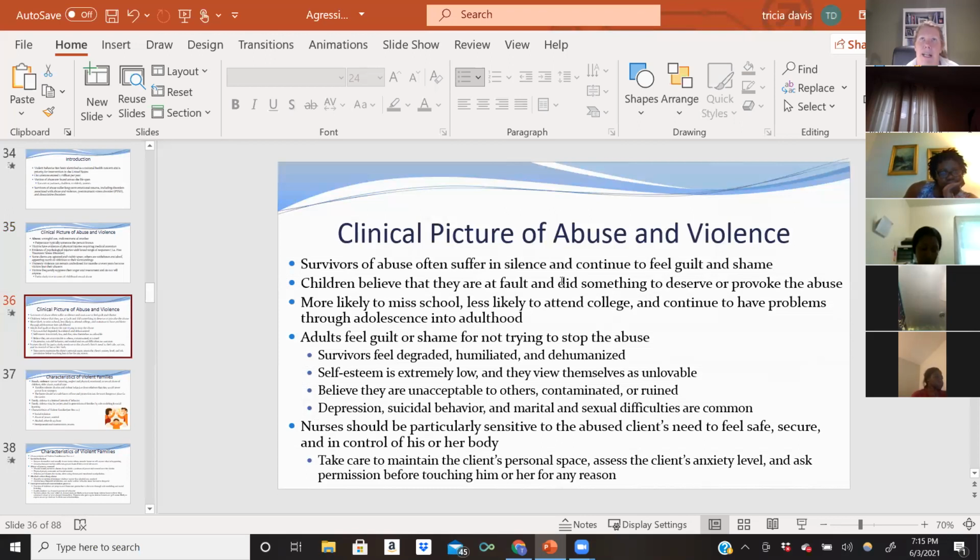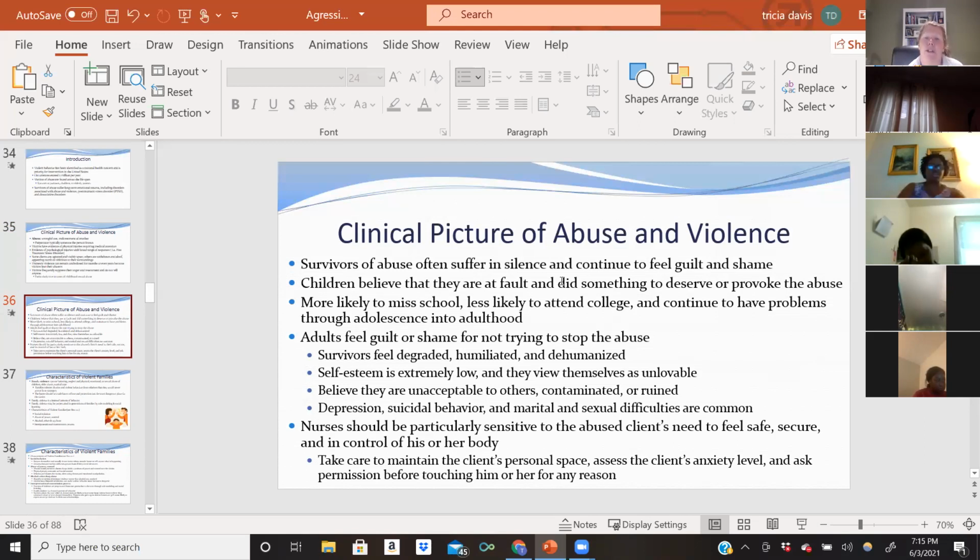When we think about children being abused, when you talk to them about why they didn't seek help or tell someone, they say that they believed it was their fault, that they deserved this treatment or that they provoked the person in a certain way.